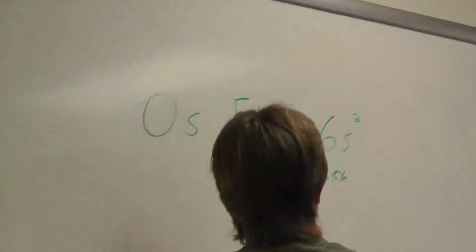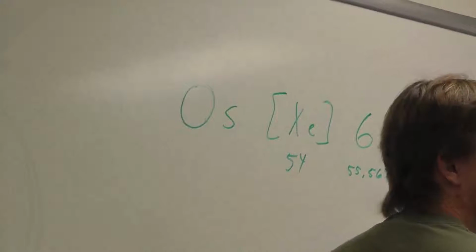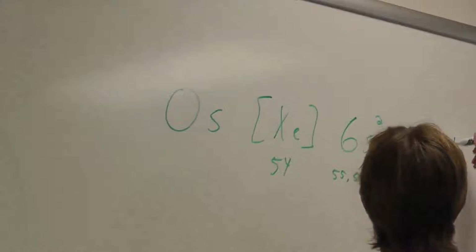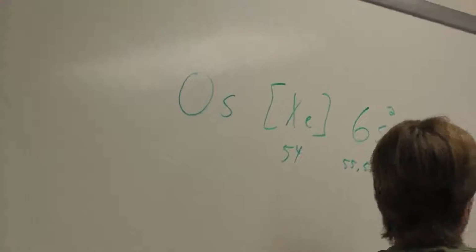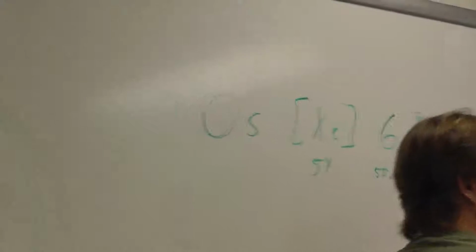You should be starting with a xenon core, and that abbreviates your first 54 electrons. 55 and 56 are in the 6s. Number 57 would be in the 5D. But where is 58? 4F. And 58 all the way through 71 are down there in the 4F, correct?